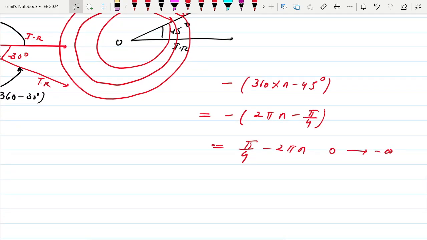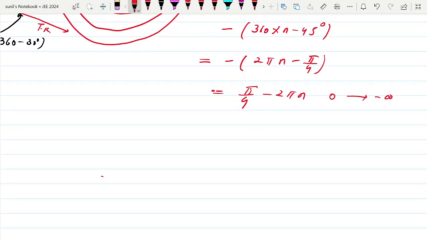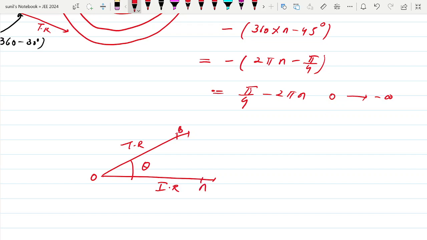Now in fact, if there is some angle theta, say this is angle theta, so this is the initial ray and this is the terminal side of the ray. So we have infinitely many angles whose terminal side is along the ray. Say this ray is OB and this is OA. There are infinitely many angles whose terminal side is along OB.